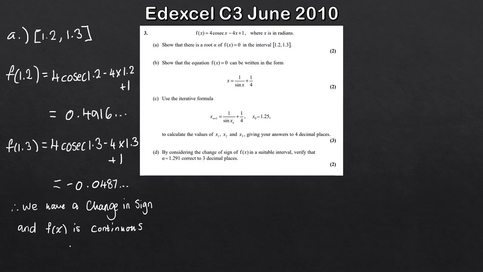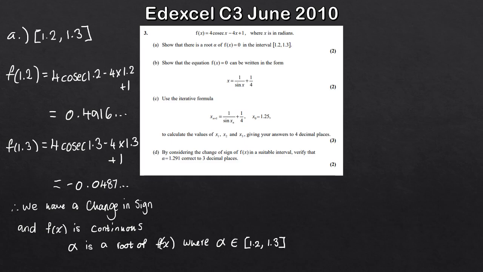So therefore, alpha is a root. So we have the root alpha of f of x, where alpha is in this interval here, 1.2 to 1.3. Okay, so that's part A.